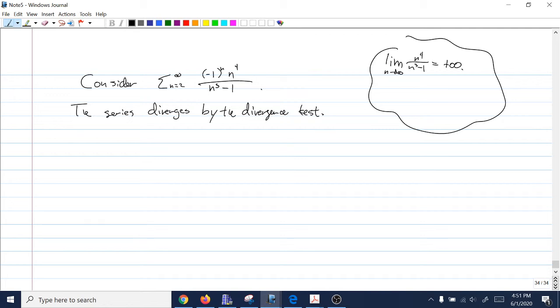I want to say that the limit of negative 1 to the n times n to the 4th over n cubed minus 1 is also infinity. Or wait, no, it's plus or minus infinity, because the thing is alternating between positive and negative. That's not a thing that makes sense as a term. You don't say the limit is positive or negative infinity. If I did say that, probably what I mean is the limit is infinity or the limit is negative infinity.